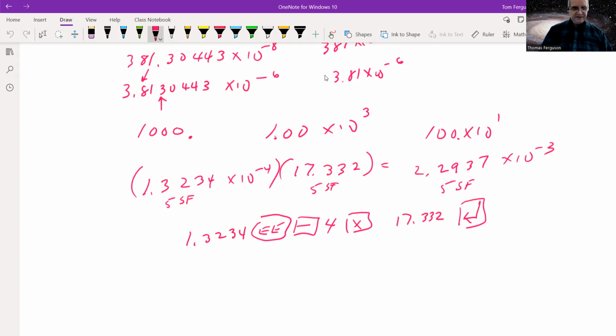On the third one, part C, there are 2 answers. Because a lot of you interpreted this slash as a multiplication sign, not a division.